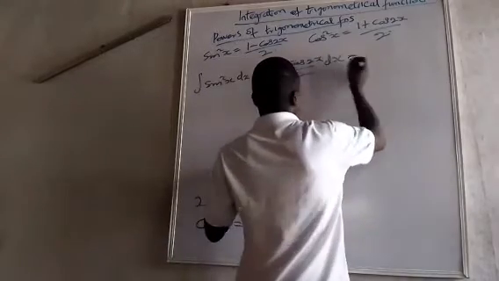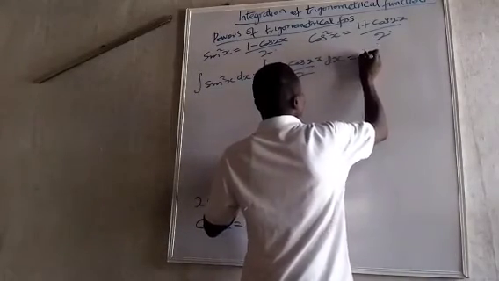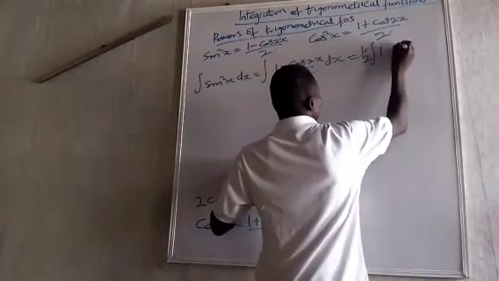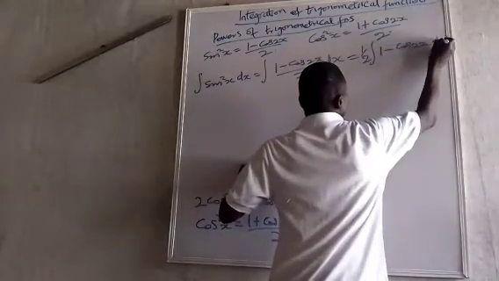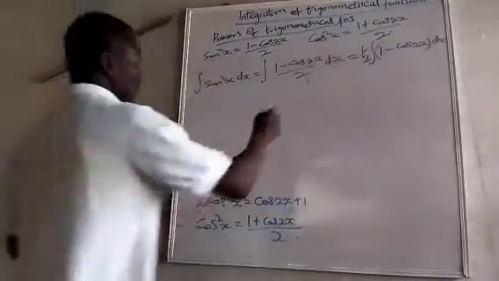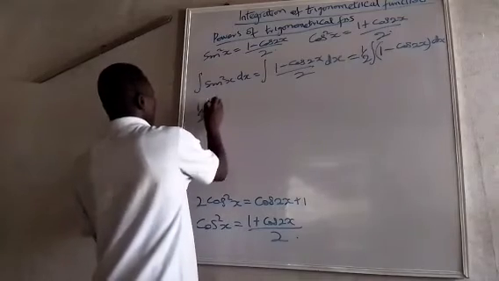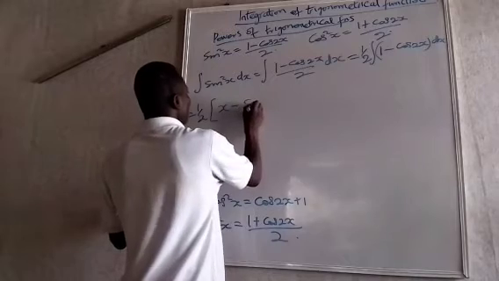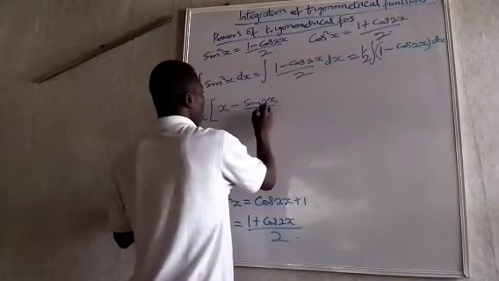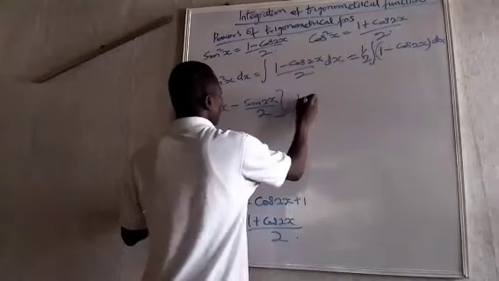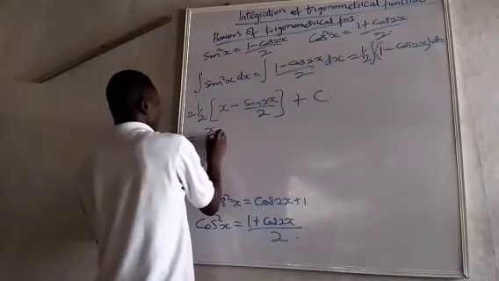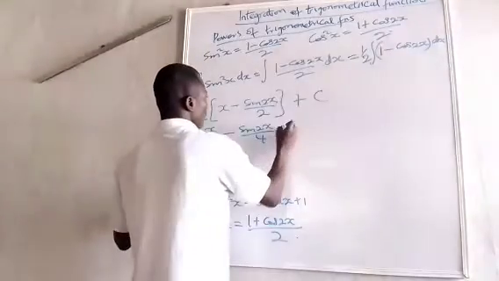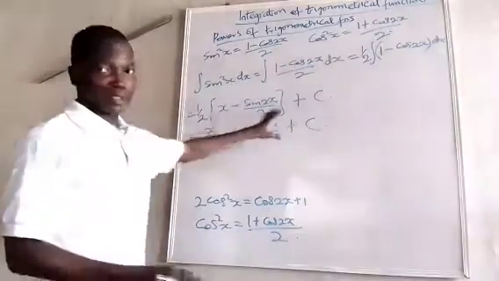So it's going to give me half of the integral of 1 minus cos 2x dx. This is going to give me half into x minus sine 2x over 2, which is x over 2 minus sine 2x over 4. So you can see, it has made our job very easy.